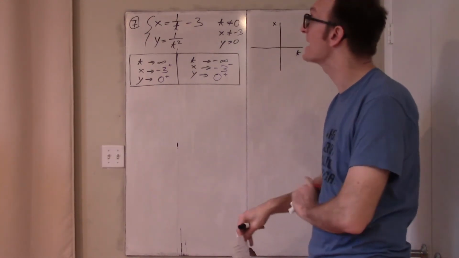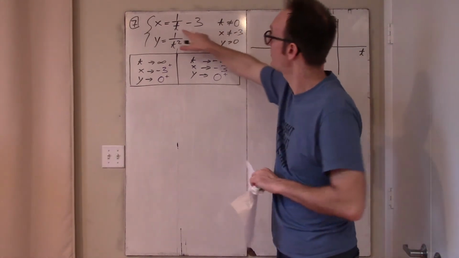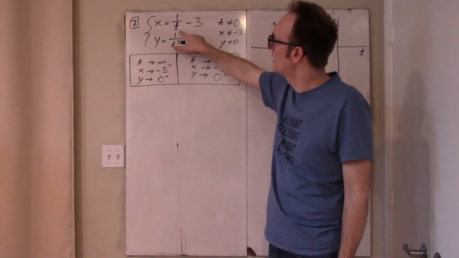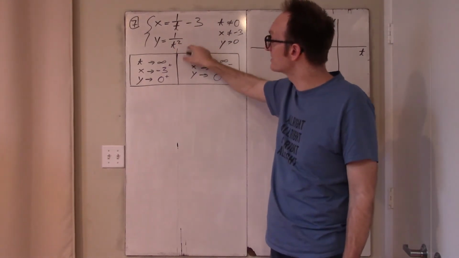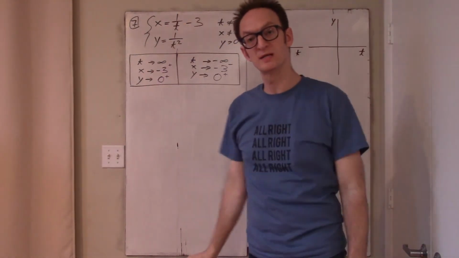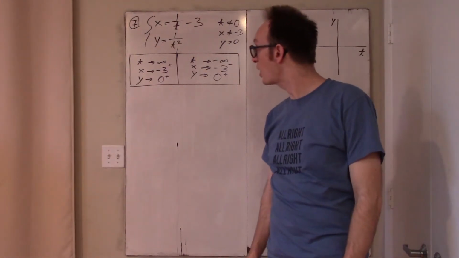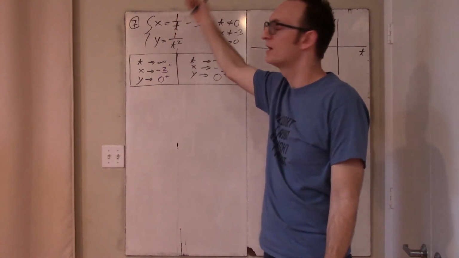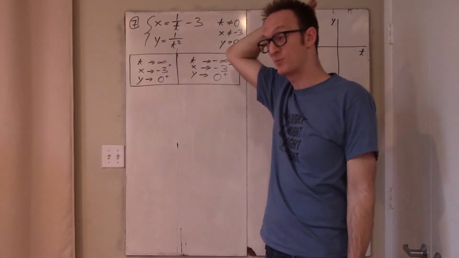And the answer is yes, right? Near 0, things are getting crazy. So of course at 0, these two things are undefined, but near 0, x and y are both sort of exploding in giant size. And so what we need to do now is to investigate the behavior of x and y as t approaches 0.